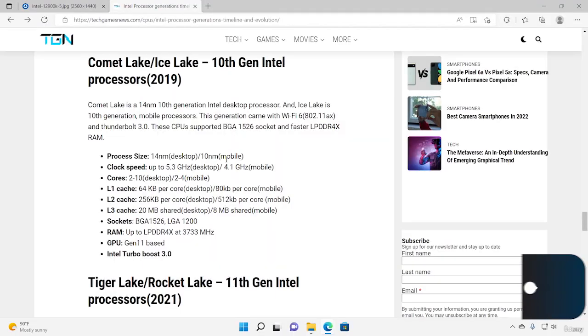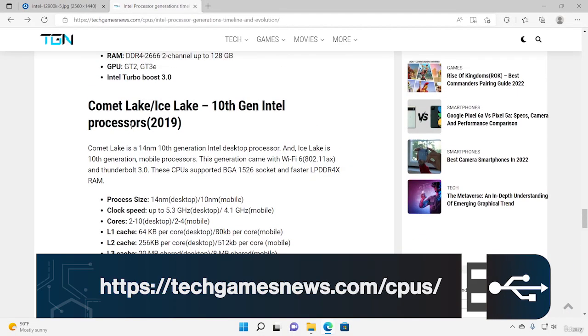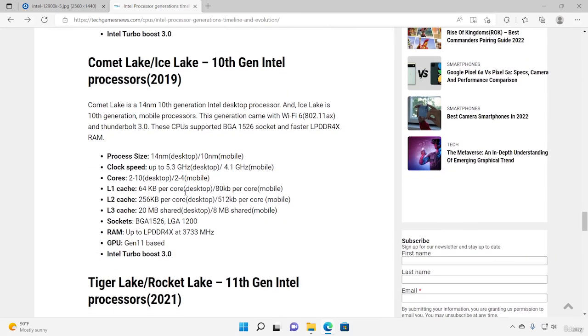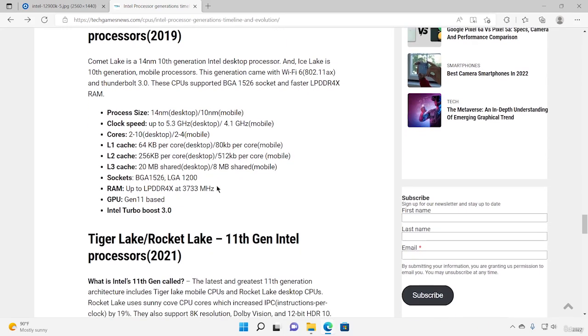Now let's take a look at a site where we can examine some of those CPU features and intricacies from the modern age CPU. And if we take a look over here at the site, we can see that this site gives us not only the actual generation of the processor, but shows us a lot of information too, like the L1 and L2 cache, how many different cores they support on both the desktop and the mobile side, how fast they can go unclocked, how much RAM they support, all sorts of stuff.